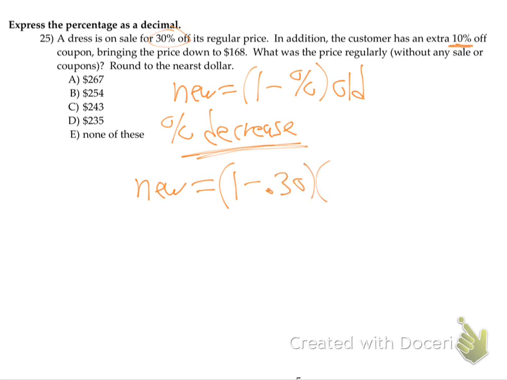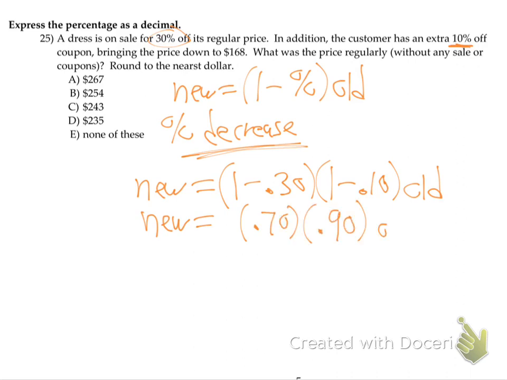Then we're going to decrease 10% after that, 1 minus 0.10 times the old. There's 2 decreases, so 2 parenthesis multiplication. 1 minus the decimal, 1 minus the decimal. Is that making sense? So the new price will be 0.70 times 0.90 times the old price.